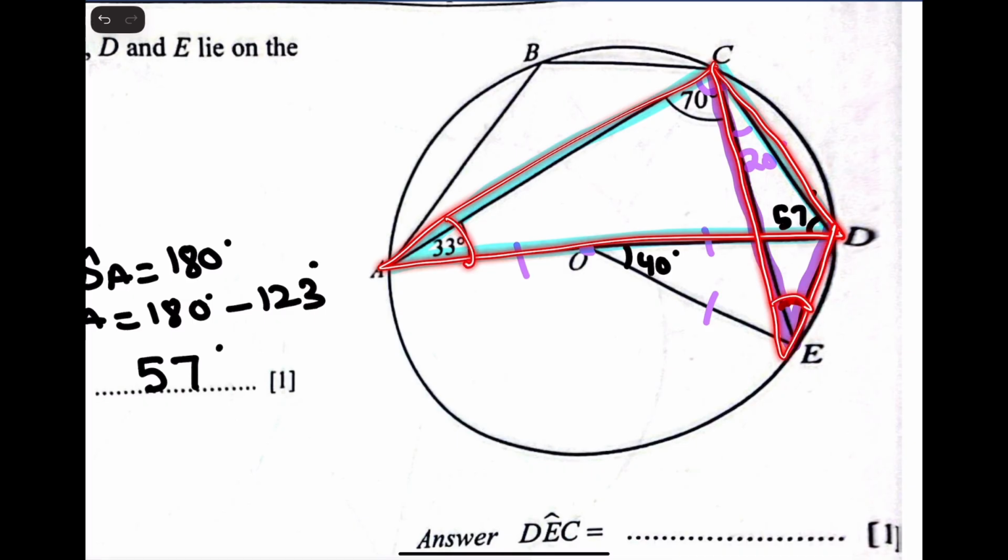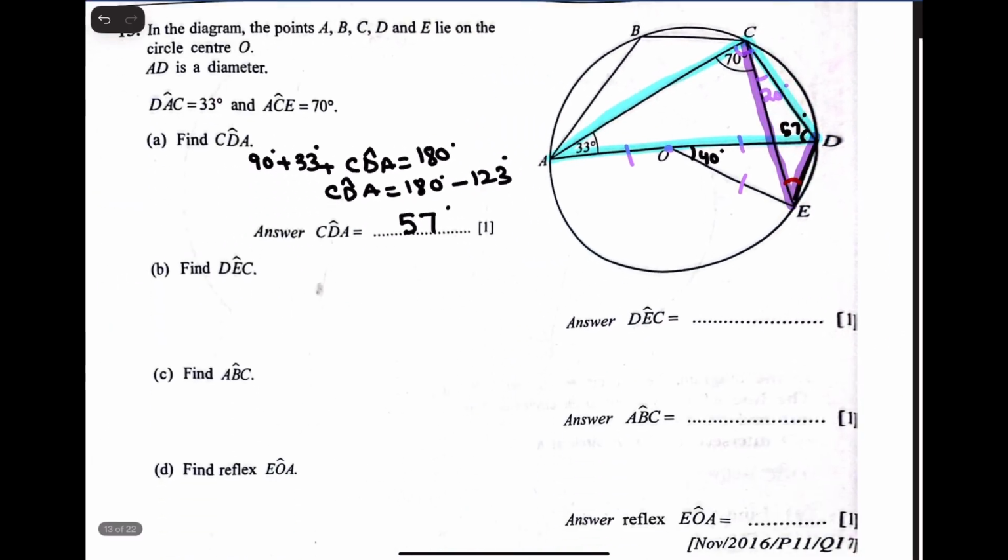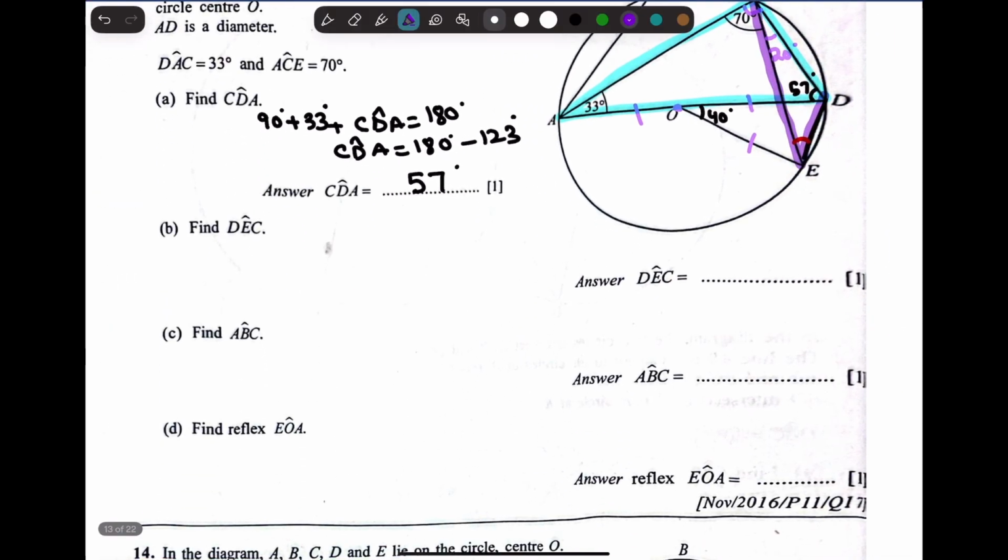This is the chord, angle made at the circumference, angle made at the circumference. So this and this angle should be equal. So DEC is going to be 33.